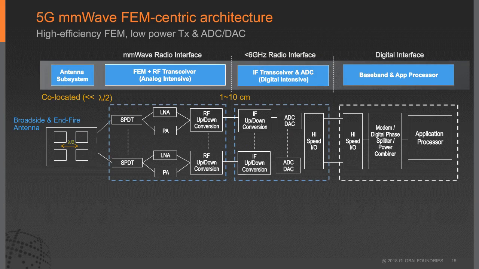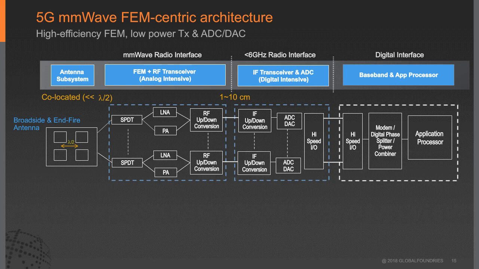Now this shows you a 5G mmWave FEM-centric architecture. So you have the antenna subsystem, and then you have the mmWave radio interface, and then you have the IF transceiver, ADC's digital interface, and then finally the baseband processor. So this is an example of digital beamforming.